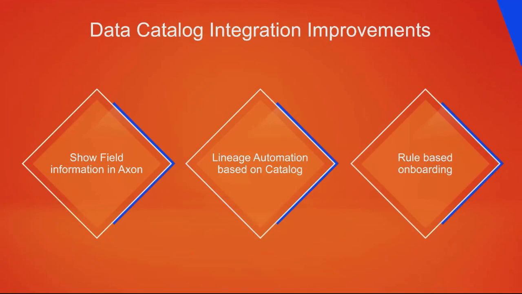We have also improvements on the lineage automation side of things. So we had introduced the first version of the lineage automation as part of Axon 7.0, and we are following up with some additional enhancements as part of the 7.1 release. And then the last one is more around the ability to onboard assets in bulk based on certain criteria defined as rules by the users. And it allows you to improve and automate some of the process of discovering and onboarding assets that needs to be governed as part of Axon.